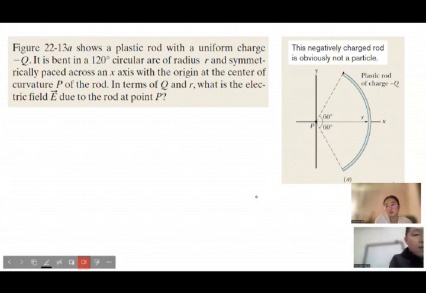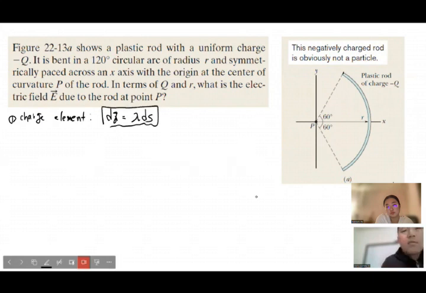So the first step is to estimate the charge element. The charge element of this arc is dq, which is the charge density lambda times the length of a small line element ds. The charge density on this line charge is lambda, and we are looking at the electric field from this small line segment ds.